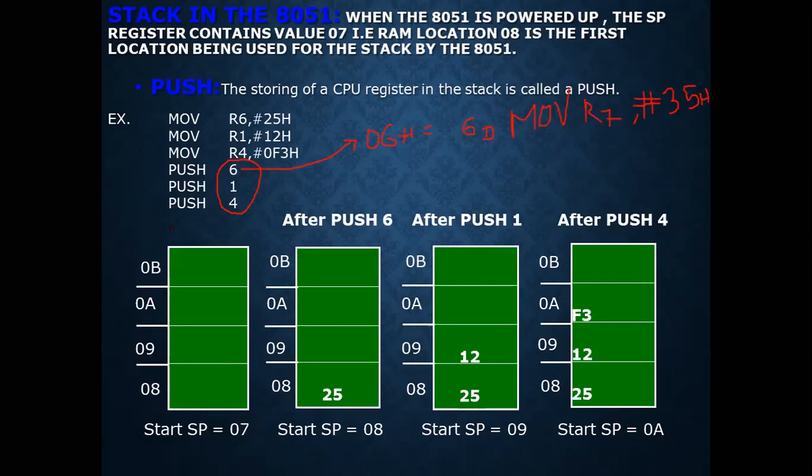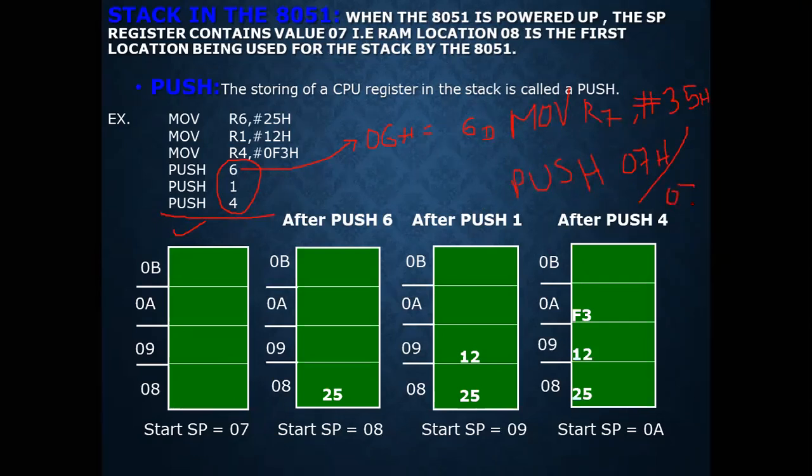So after this push 4, you have to write here push. What is the address of R7 register in bank 0? 07H. So you have to write 07H, or you can write push 7 only. This is the same.